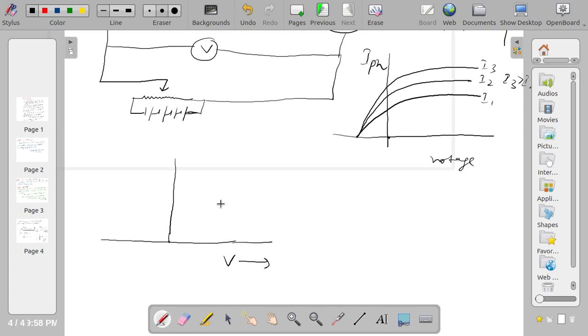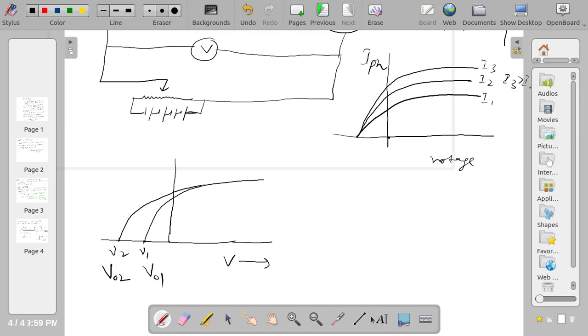At a particular frequency nu1, this is the curve which we obtain, and if I increase the frequency of the radiation, we obtain the same curve but shifted. At nu2 the stopping potential will be V02, and at nu1 the stopping potential will be V01.